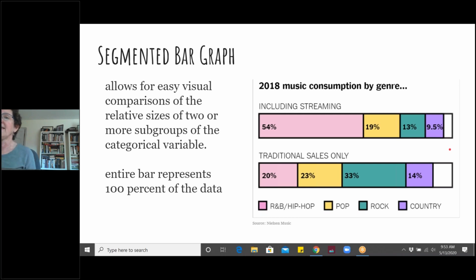So the interesting thing is, why? What about R&B and hip hop makes it so accessible to streaming, or why do the people who listen to R&B and hip hop prefer streaming? That's a whole interesting discussion. This just gives you the facts, not the reasons behind it. You have to do some research to find out.